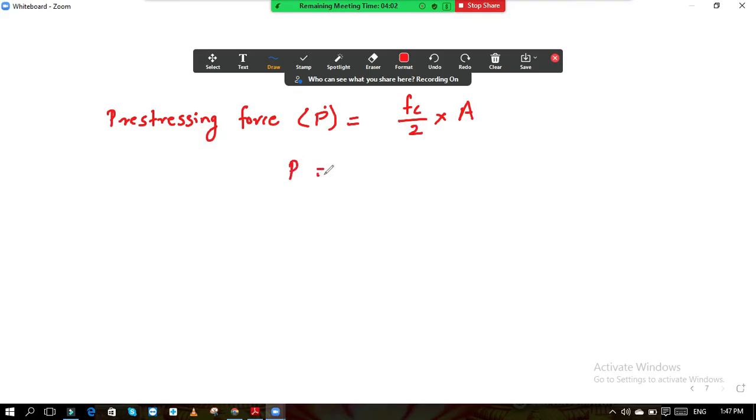So P is equal to this 14 by 2 into 450 into 700. Oh, sorry.